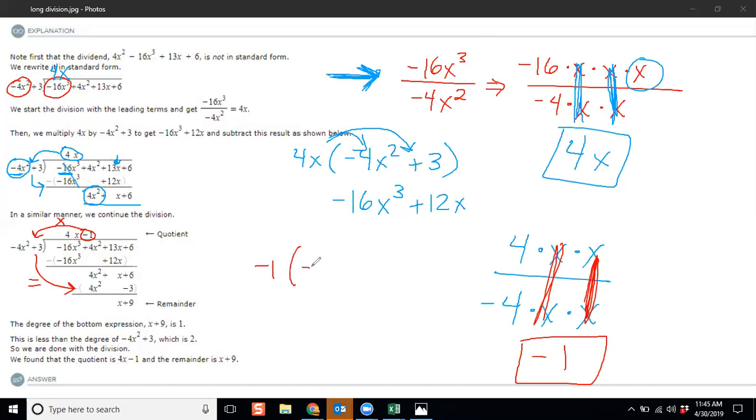So negative 1 times negative 4x squared plus 3, and I distribute. And once again, the first term matches what I had before. And then negative 1 times 3 is minus 3. Now you'll notice there is no other just x here, and so there's nothing written there. The minus 3 goes with the positive 6. Those are like terms. And as we subtract, those cancel out. Positive 6 minus negative 3 is a plus 9.